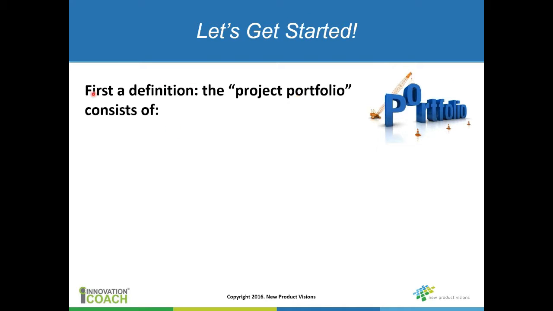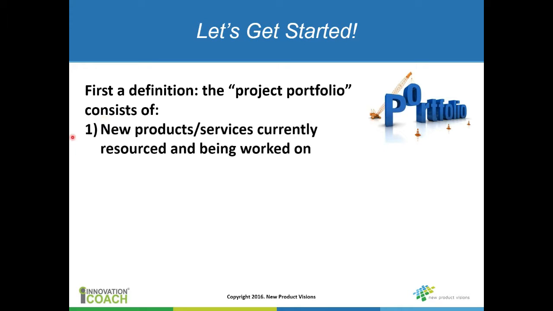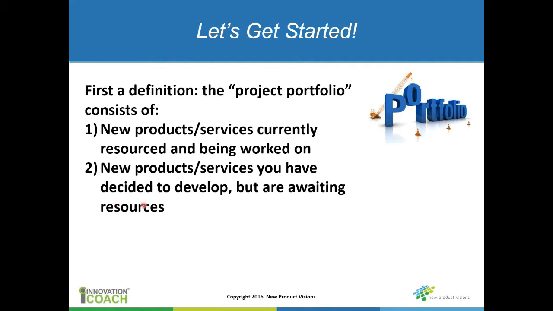So first of all, the definition of the project portfolio. In my mind, it consists of 3 buckets. First is all the products and services that you're currently working on, and you have resources assigned to those projects. The second bucket is all the products that you may have decided to work on, and you may have a fairly good definition of that product, but you don't have the resources.